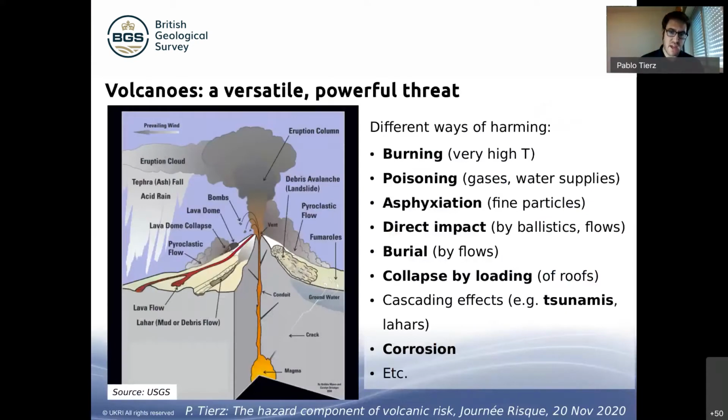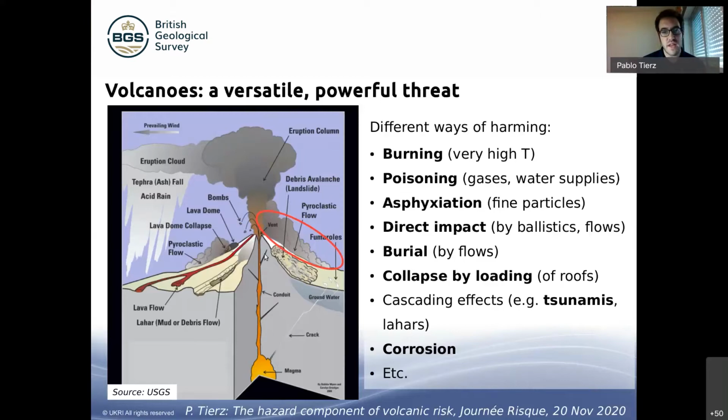So what happens with volcanoes is that they're very versatile and powerful threats. They have many different ways in which they can cause harm, from burning, poisoning, asphyxiation, burial by sediment load, cascade effects, etc. We have just seen the pyroclastic density currents, which are formed basically by the collapse of the eruption column, which is the mixture that is being erupted from the vent in the case of explosive eruptions.